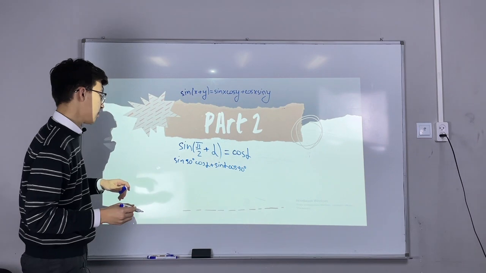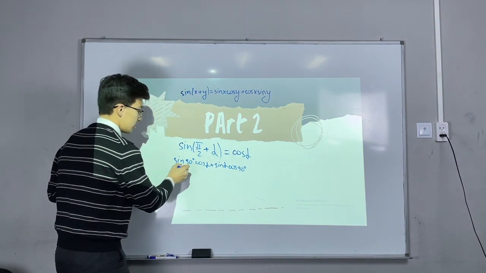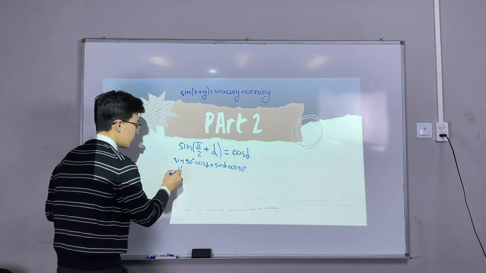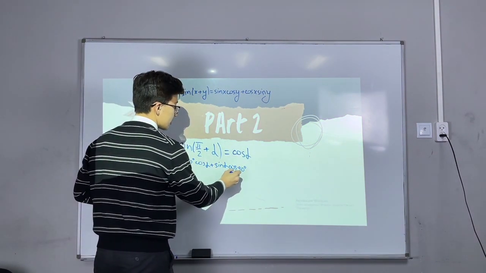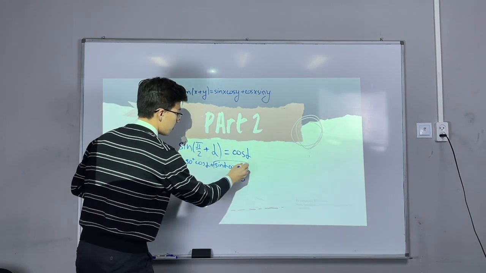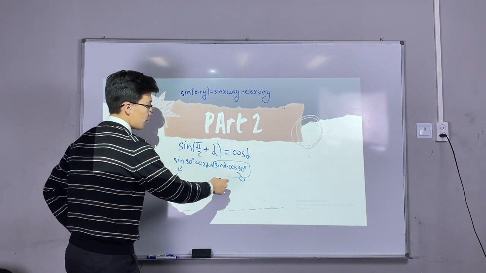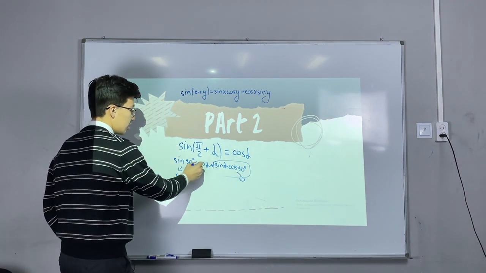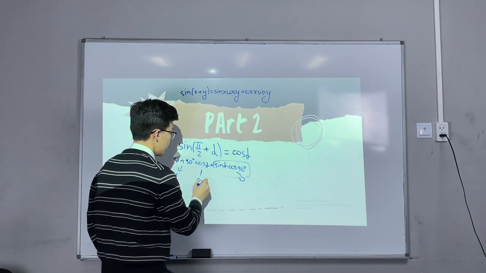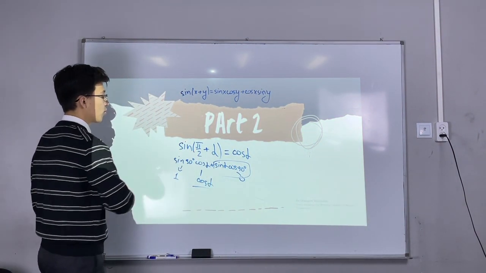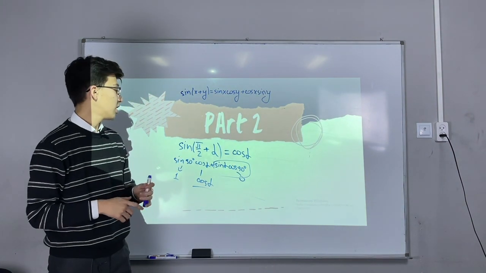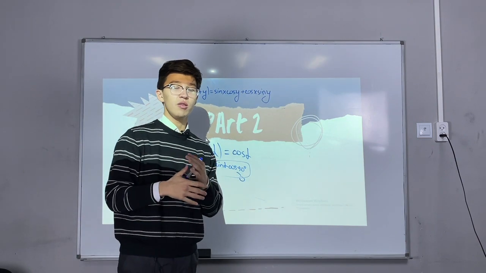As you can see, sine of 90 degrees gives us 1, and cosine of 90 degrees gives us 0. So this part of our example will be 0, and 1 times cosine theta gives us just cosine theta. So here we proved this example.